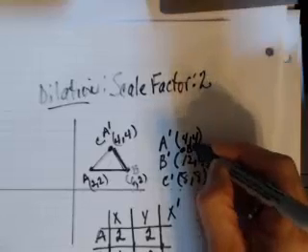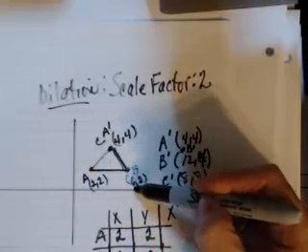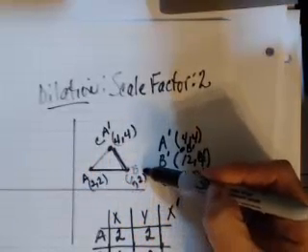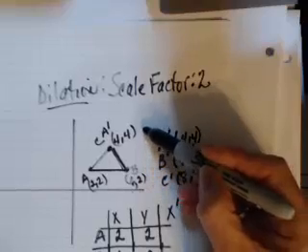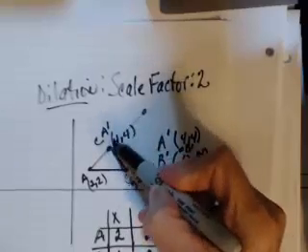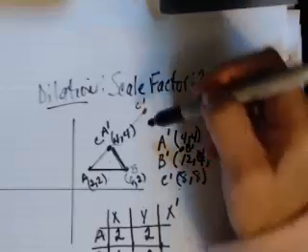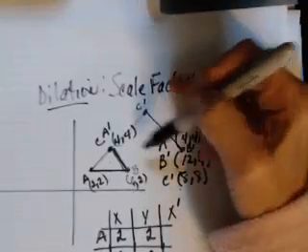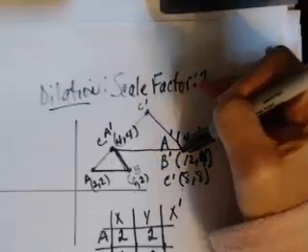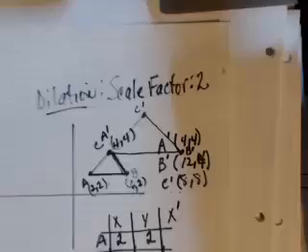So that's B prime. So if I connect A prime to C prime to B prime, I have my enlargement with a scale factor of 2.